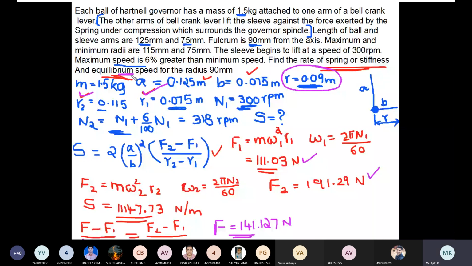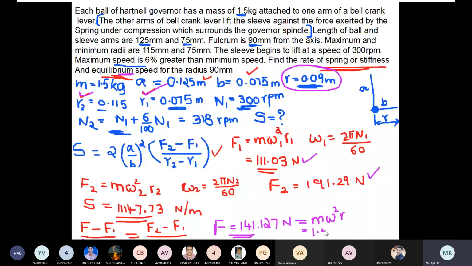To find out the n value, you can equate this force with m omega square r, where m is 1.5 kg.